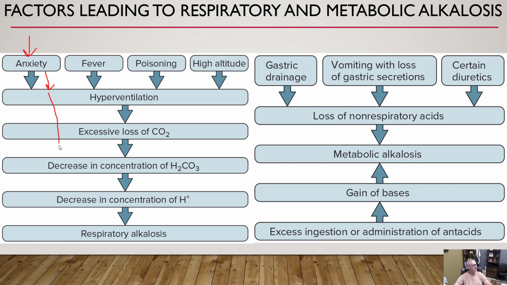If you get rid of CO2, remember, decreased CO2 leads to decreased hydrogen ion concentration, which is going to increase your pH. So increased pH means alkalosis. And because we're talking about a breathing problem, this is a respiratory condition, respiratory alkalosis.